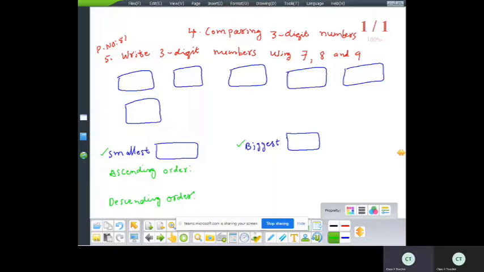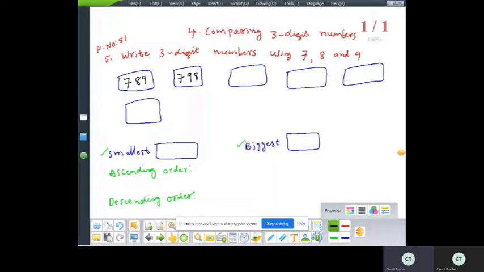See here, given numbers are 7, 8, 9. One example is 789. We have to complete remaining 5 boxes by using 7, 8, 9. 789 is over. Now 798. Okay, your digit in 100 place is 7. Over.